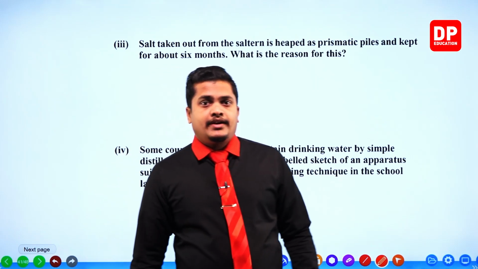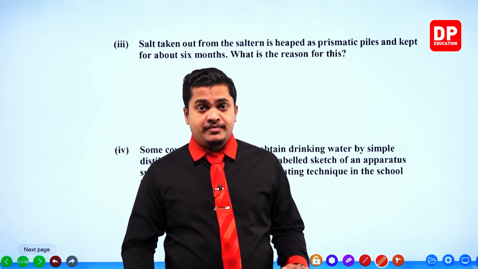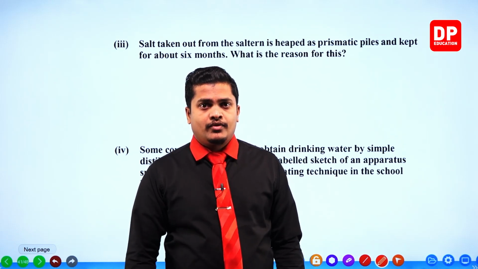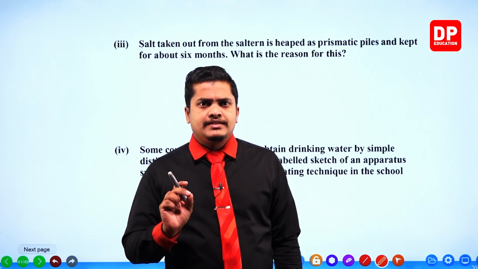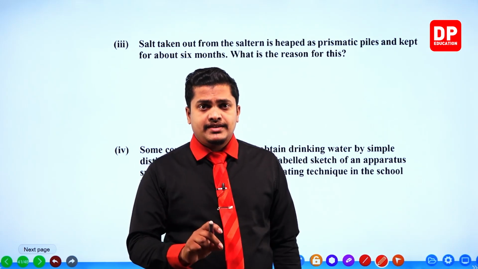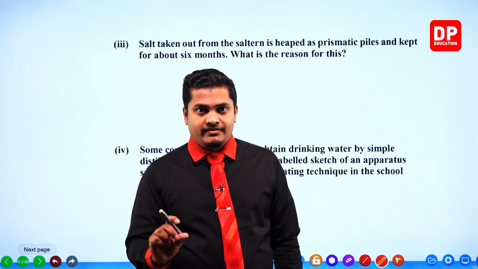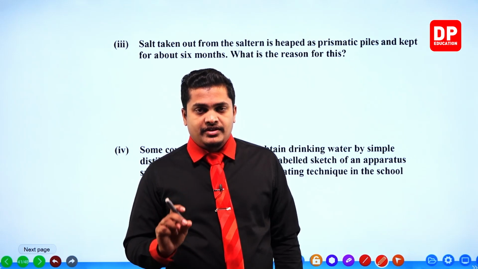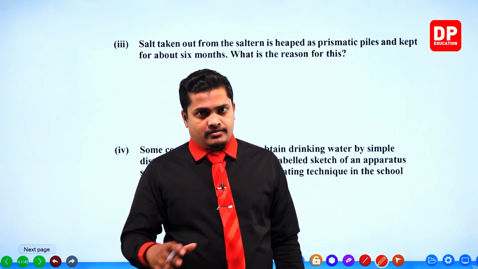So, you know that the salt that we take, we are making into prismatic shapes and storing for about 6 months. This is mainly to remove the substances, right? There are some impurities actually, magnesium chloride and magnesium sulfate. So these impurities should be removed from the salt heaps.